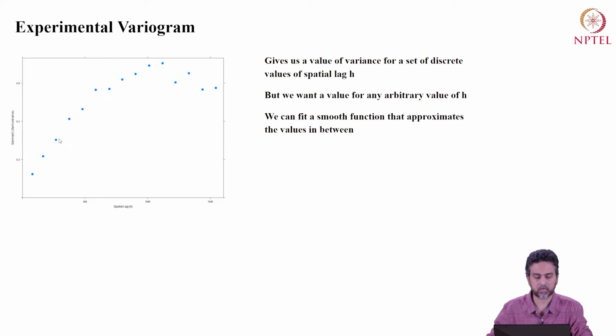All the points that are in between, all the values of h, we don't know the behavior of the function. But that's important for us for what we want to do in the future. So one idea we use in geostatistics is we try to fit some smooth function through these points.